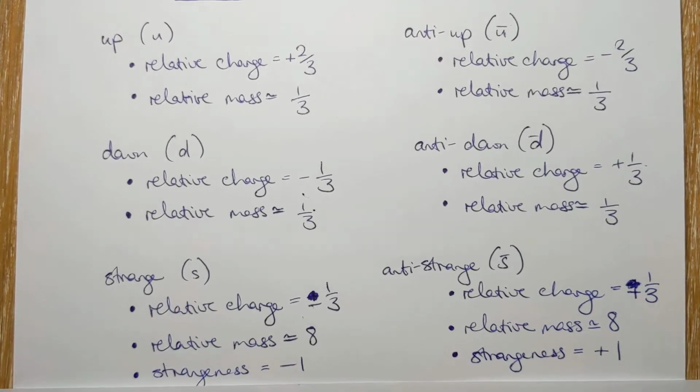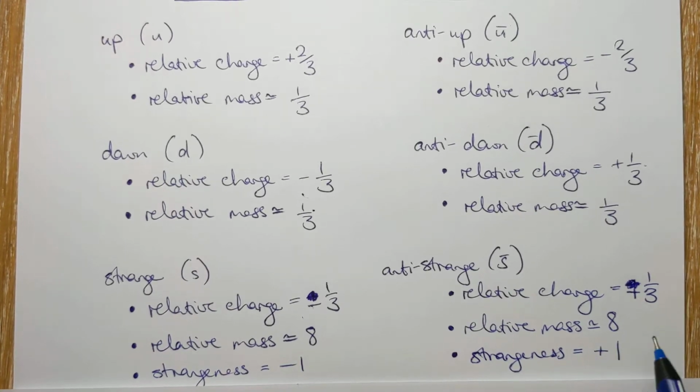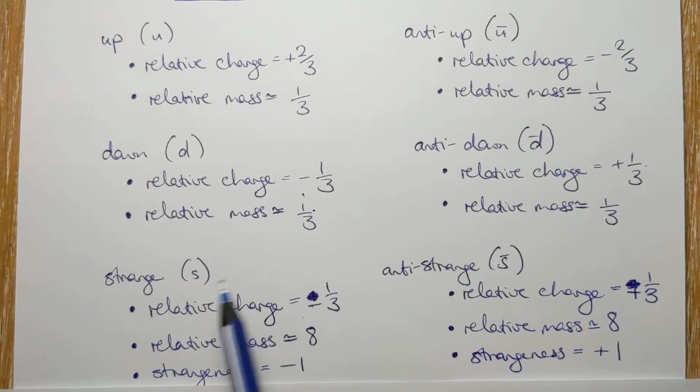Even then they didn't realise which way around it was going to be. So a strange quark has -1 strangeness, an anti-strange has +1 strangeness, and all other particles have 0 strangeness. So if you look at this quark-antiquark pair, you can see same mass, opposite charge, but also opposite strangeness there.